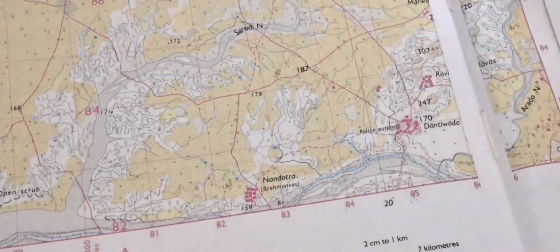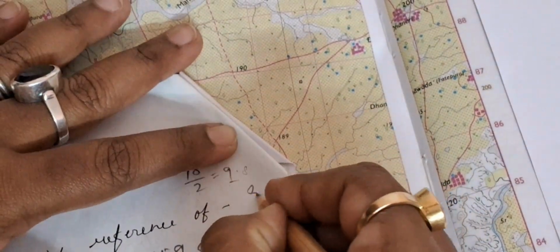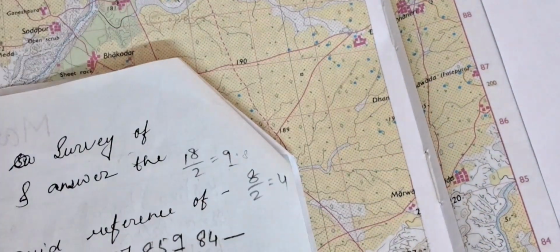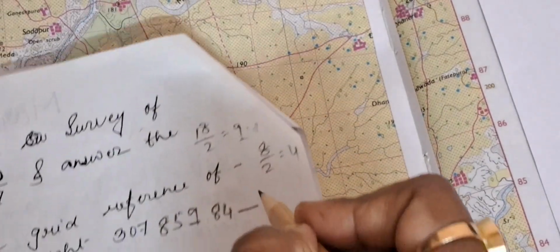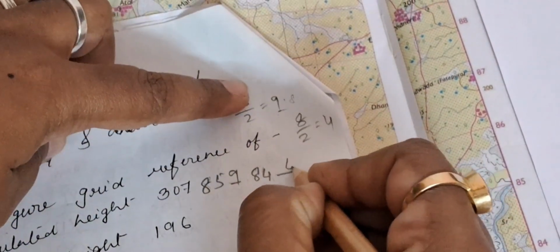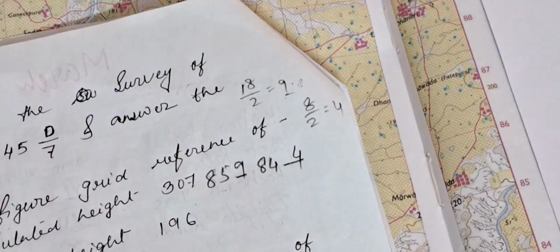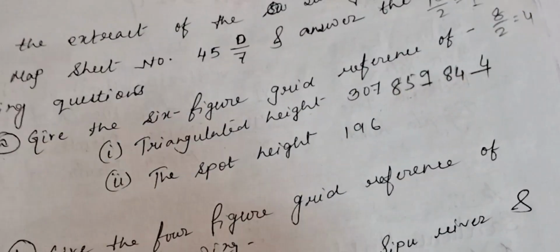Again, we have to divide the digit 8 by 2, that is 4. Here, the exact 6-figure grid reference is 859844. Okay. Next, the spot height, that is 196.